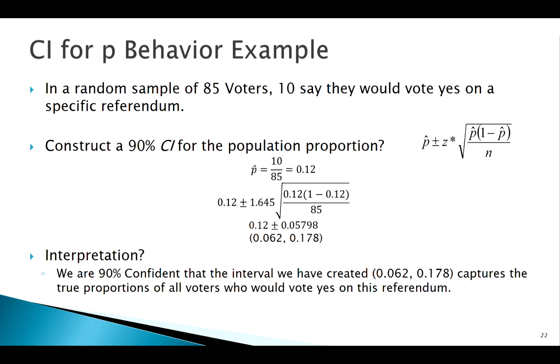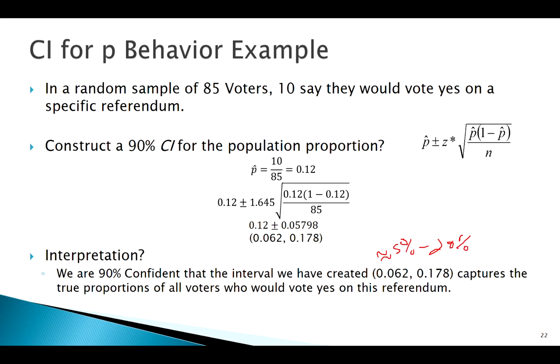Okay, so let's think about this interval that we just created. This interval now goes from about 6% to about 18%. Let's just say it goes from about 5% to about 20%.